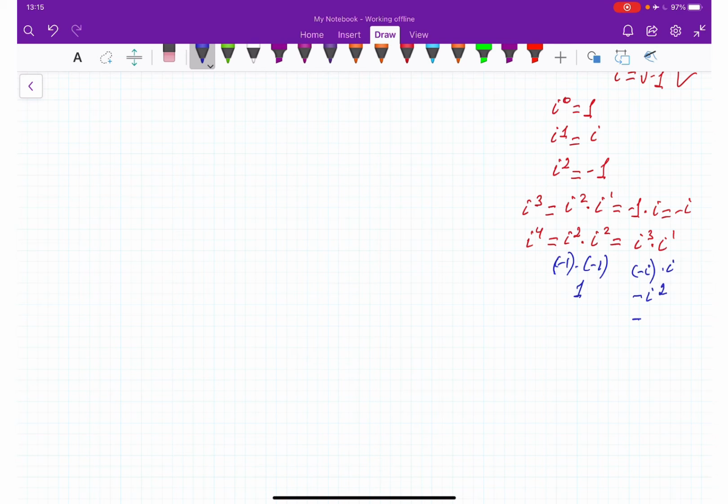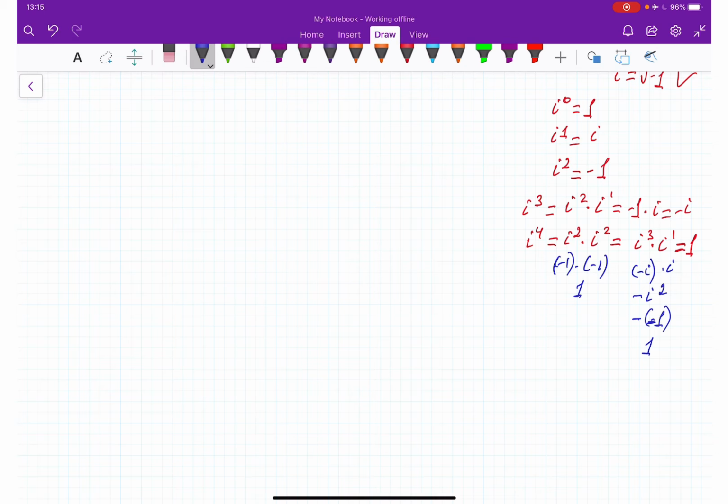So negative i squared is negative 1... so the result is going to be positive 1. So it doesn't matter which way. So i to the power 4 is equal to 1. Okay, this is enough to figure out the imaginary number raised to much higher degree.